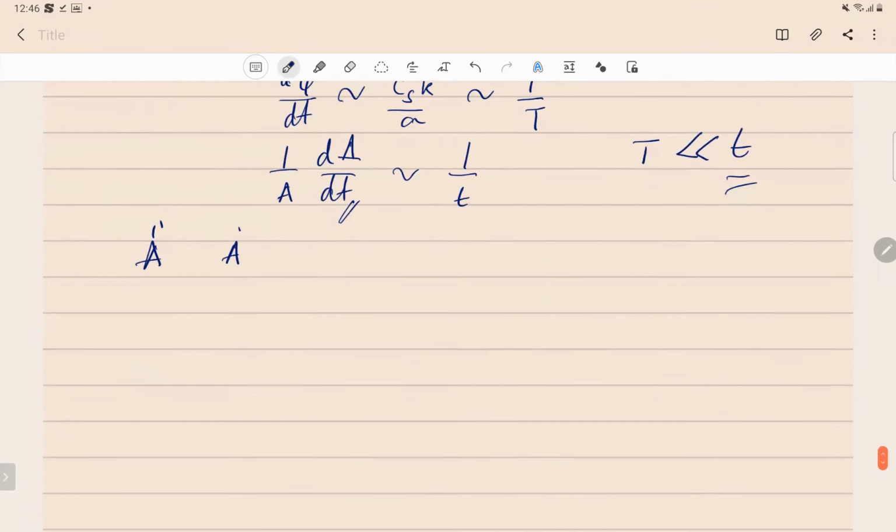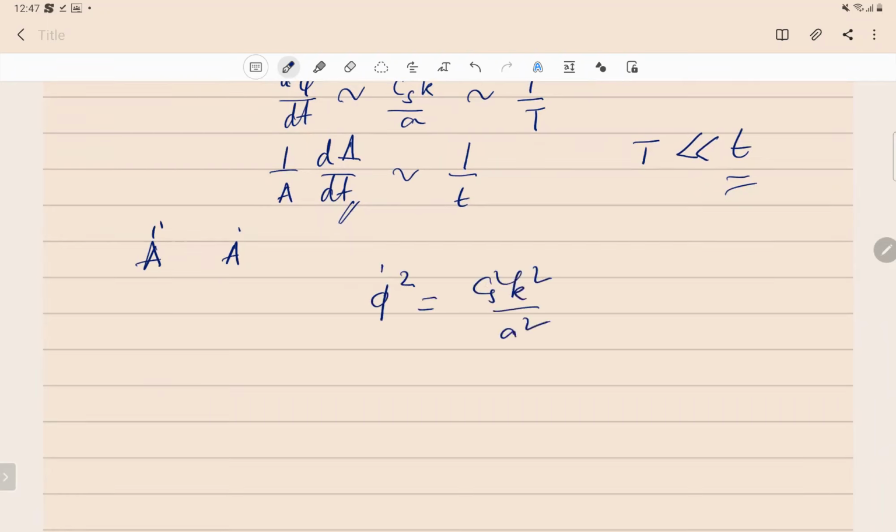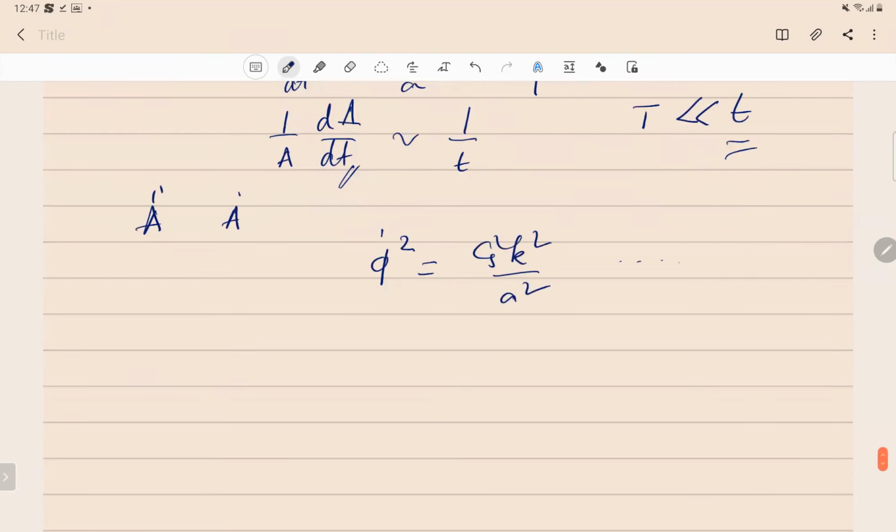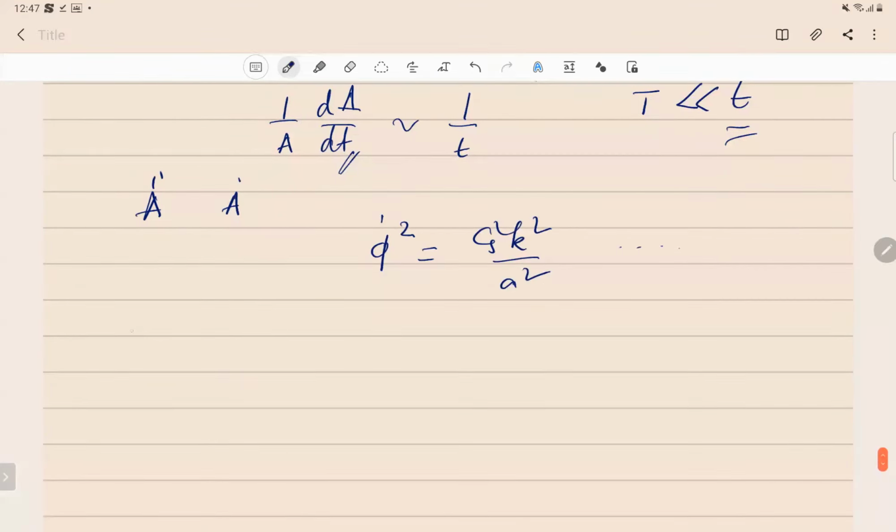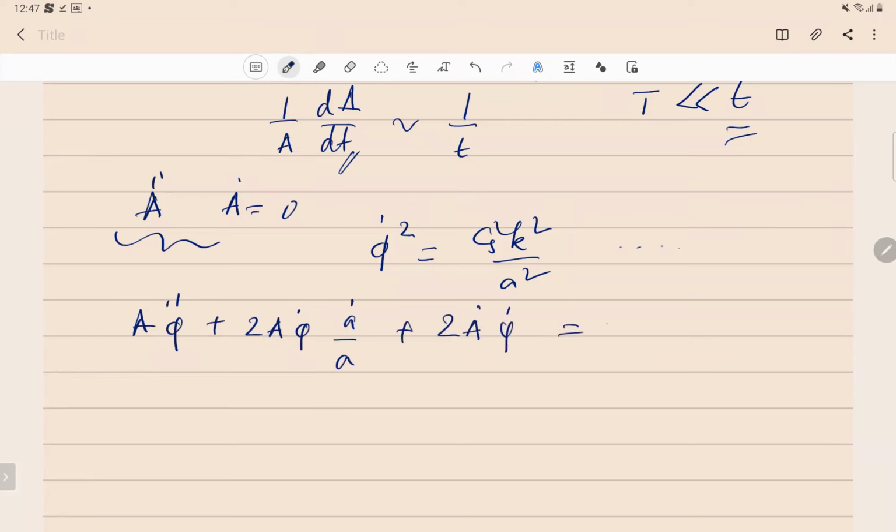And what we shall have is, I'm just going to quickly do the algebra. Once you do that simplification, you will get two things. You will get phi dot square will be CS square K square by A square. This is the first order; you should have next terms. And then you have the other equation, after ignoring all this, putting all these to 0. So you would have A phi double dot plus 2A phi dot A dot by A plus 2A dot phi dot equals 0.